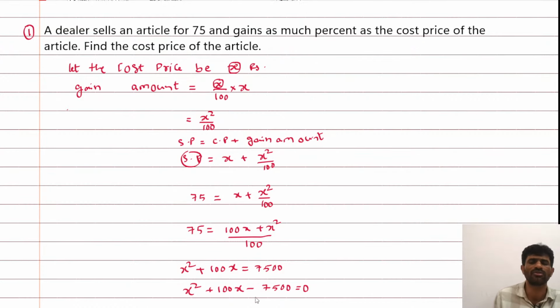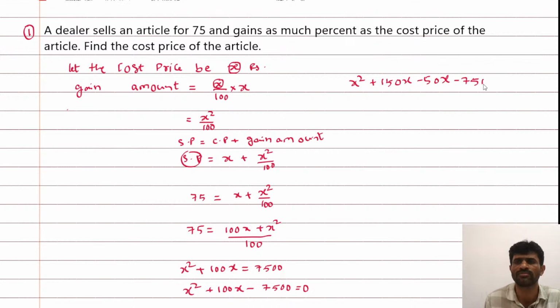From this equation you have to factorize. If you factorize it, x square plus 150x minus 50x, because 150 into 50 is 7500 and 150 minus 50 is 100, minus 7500 is equal to 0.